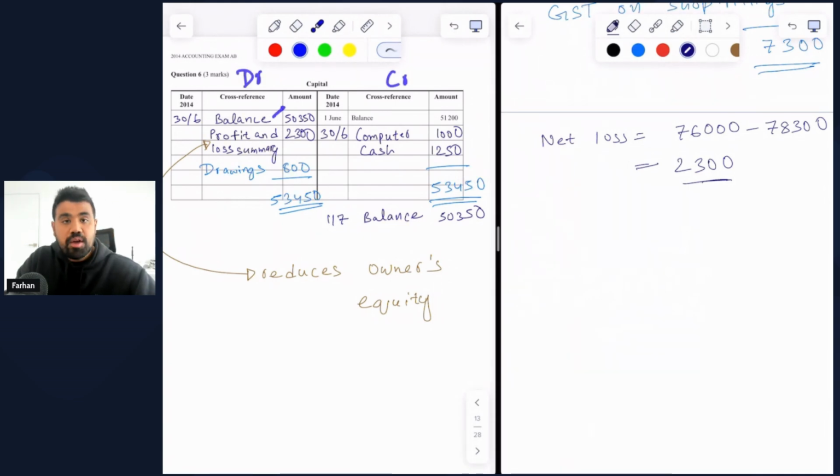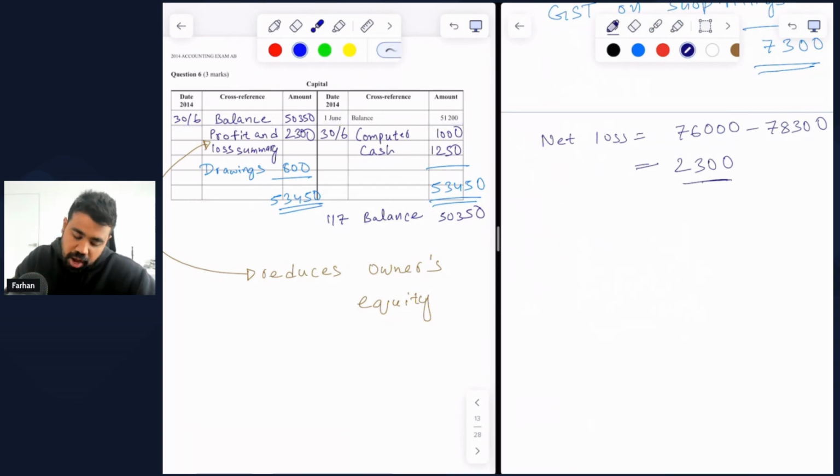This also means that when capital goes up, we credit them. And when capital goes down, we debit them. Okay? So you can see the opening balance on the credit side, 1st of June, 51,200, and the closing balance on the debit side, 30 June, of 50,350.